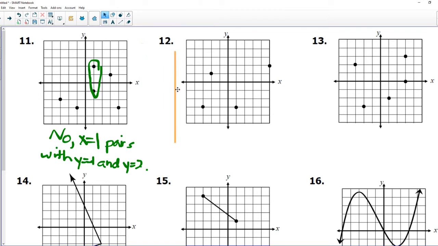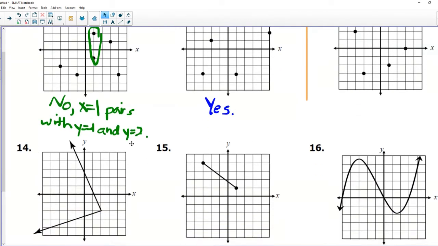Number 12, we can see that as we drag the vertical line across, it's going to touch each of those just once. So that is a yes, that is a function. Number 13, I'll leave to you guys to try out. I'll move down to the continuous ones.